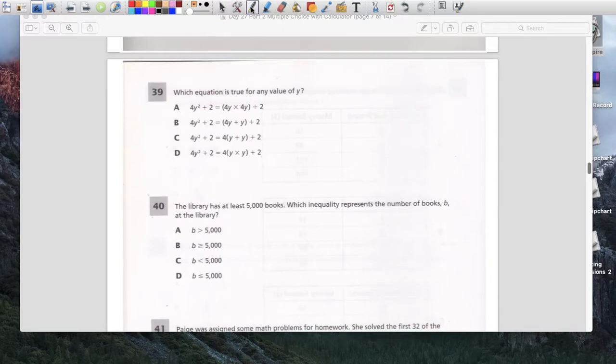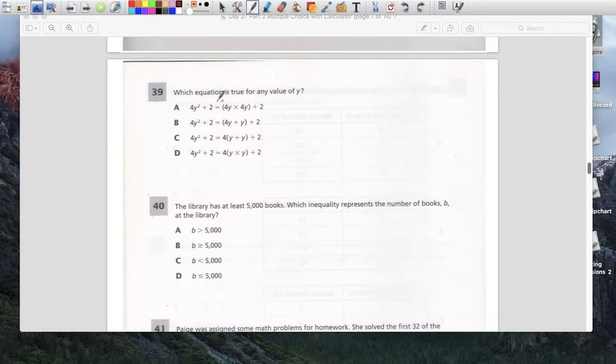40. Which equation is true for any value of y? Don't pick a value.